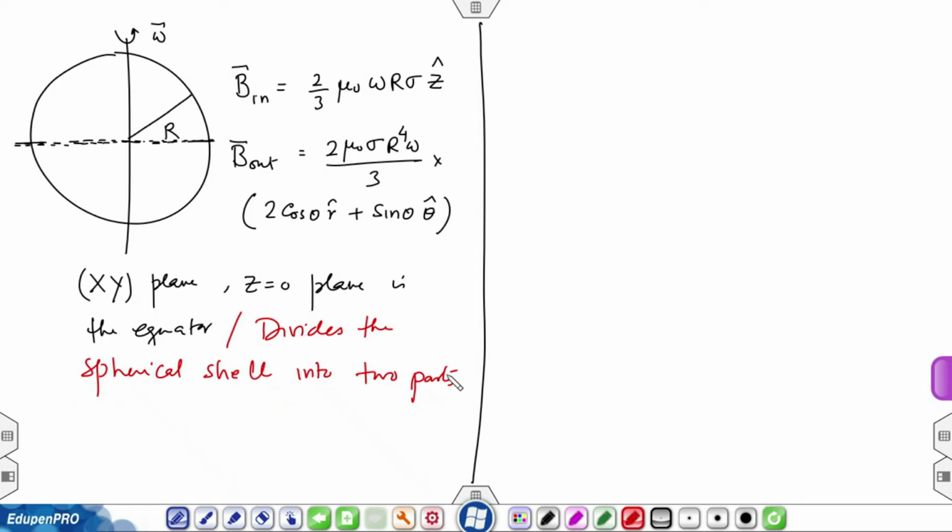So, we want to calculate the stress tensor on the z equals 0 or xy plane.